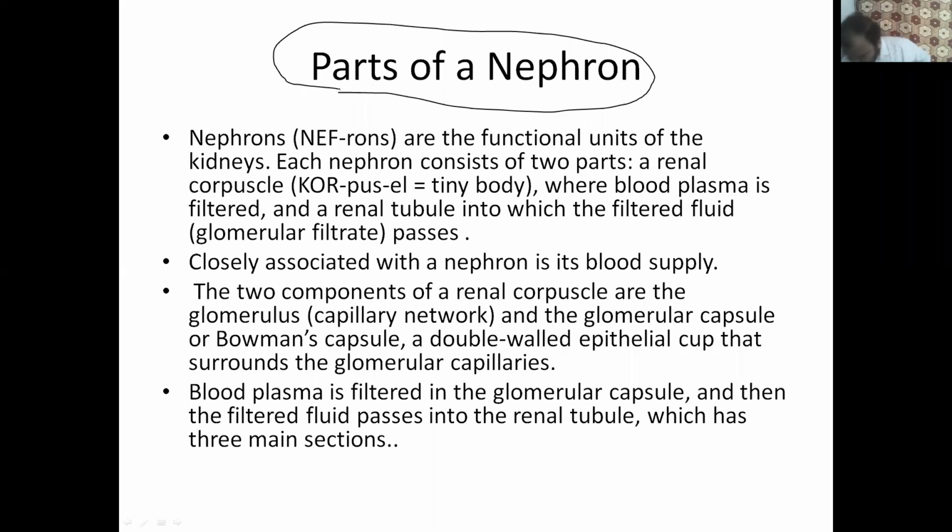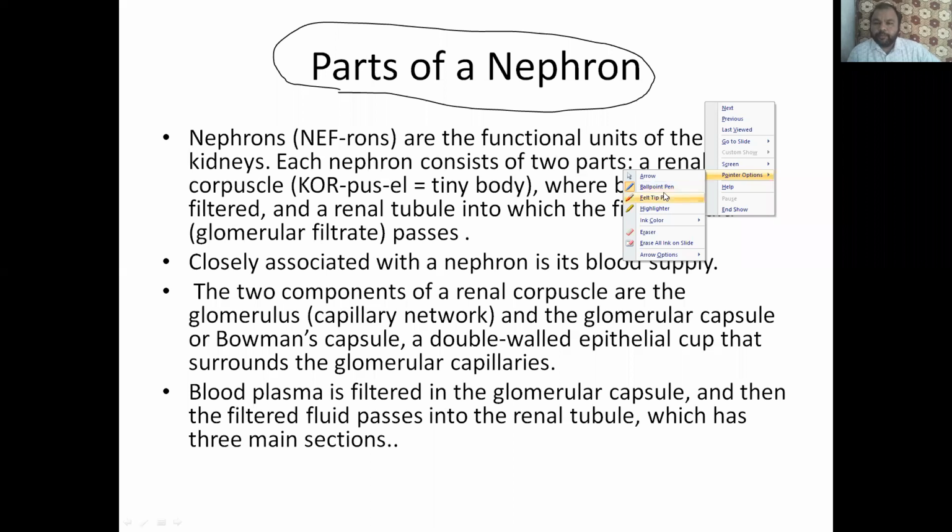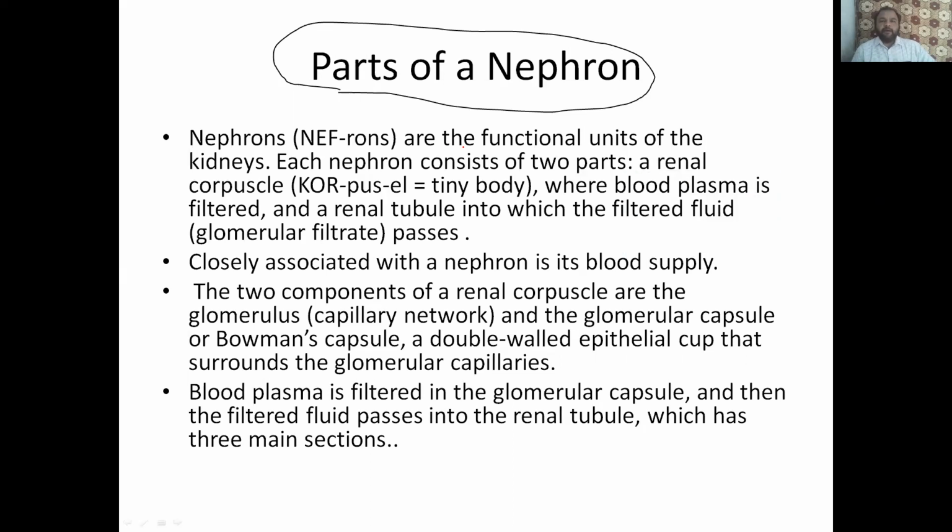So you see here, nephrons are the functional unit of the kidney. Parts of a nephron.